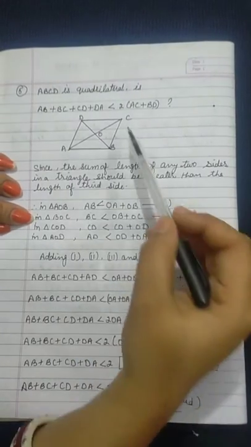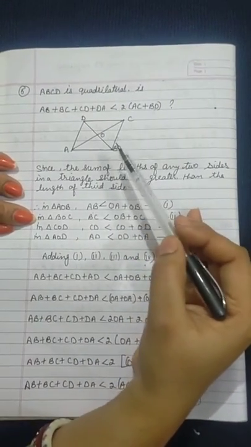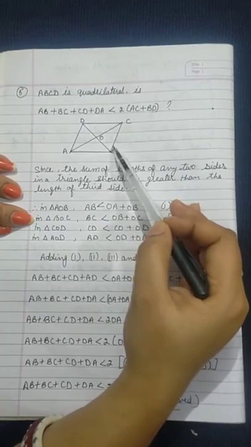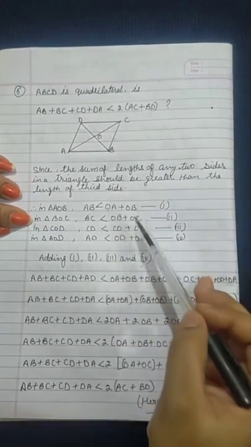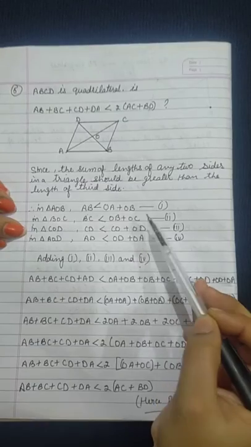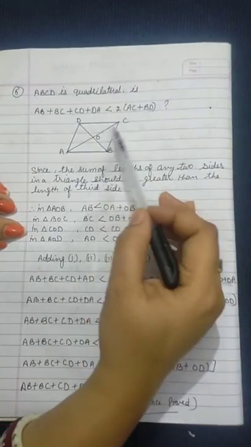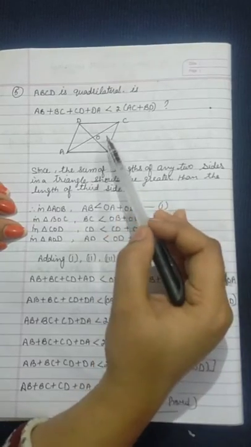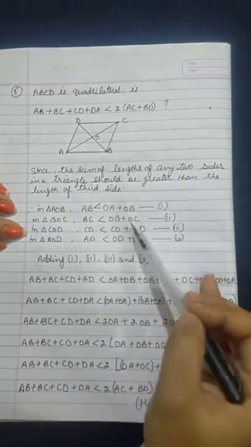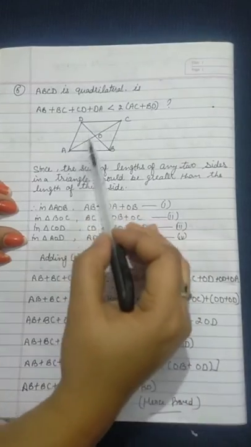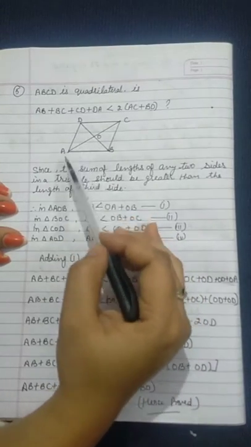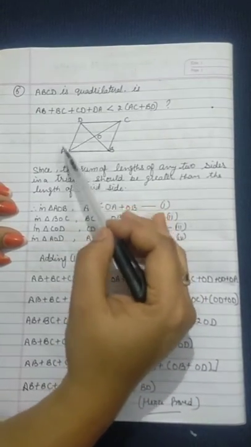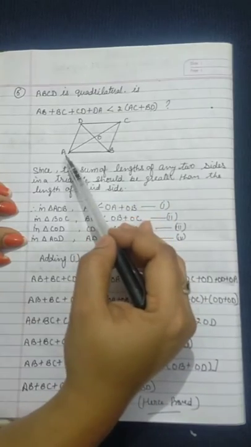Then in triangle BOC, write that BC is less than BO plus OC. The same criteria for the third triangle, triangle DOC, that CD is less than DO plus OC. Then in triangle AOD, AD is less than OD plus AO.